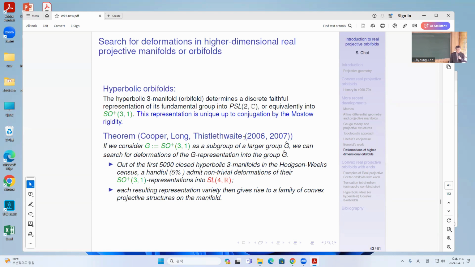Each representation variety then gives you a family of convex real projective structures on the manifold. Okay, so 5% is actually bigger than what people thought, because for conformal ones this is really small. Actually, people don't even have an estimate.